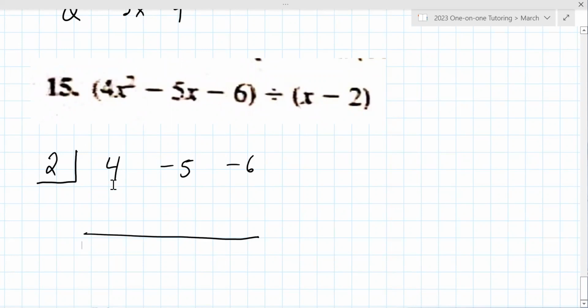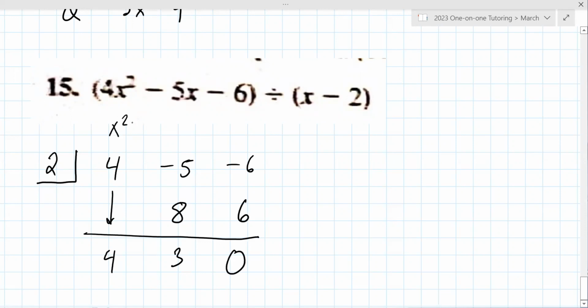You drop it. You bring it down. Right. And then 4, you multiply by 2 to get 8. Good. Then you add 8 and -5 to get positive 3. Then you take that 3 and multiply it by the number in the box, 2, to get 6. And you add that together and it's 0.